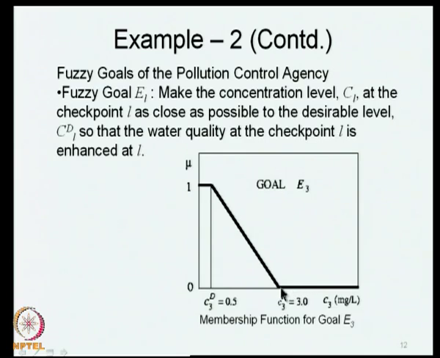The permissible level is 3.0 and the desirable level is 0.5, which means that at location 3 or at checkpoint 3, anything higher than 3.0 is not acceptable, and we would like to have the DO deficit to be lower than 0.5. So, anything in between is acceptable with varying degrees, that is the interpretation.